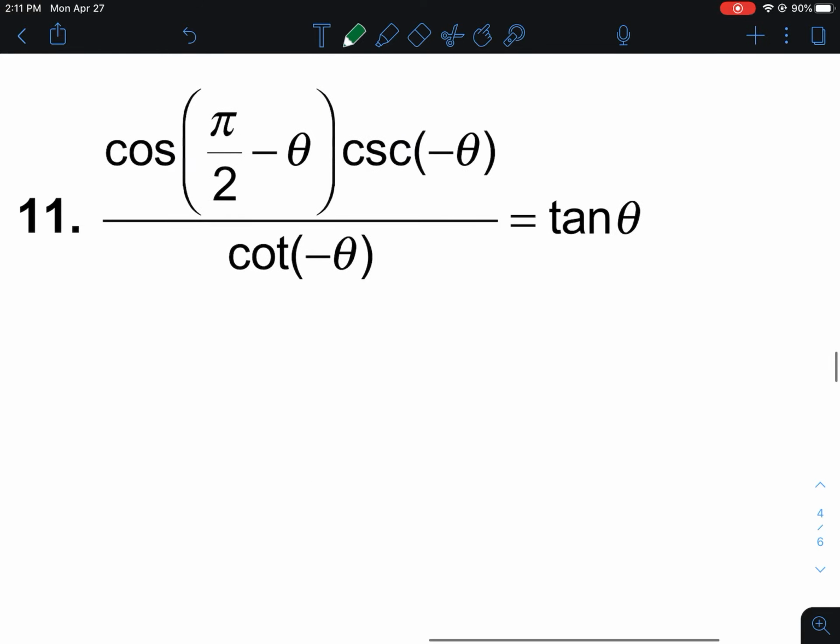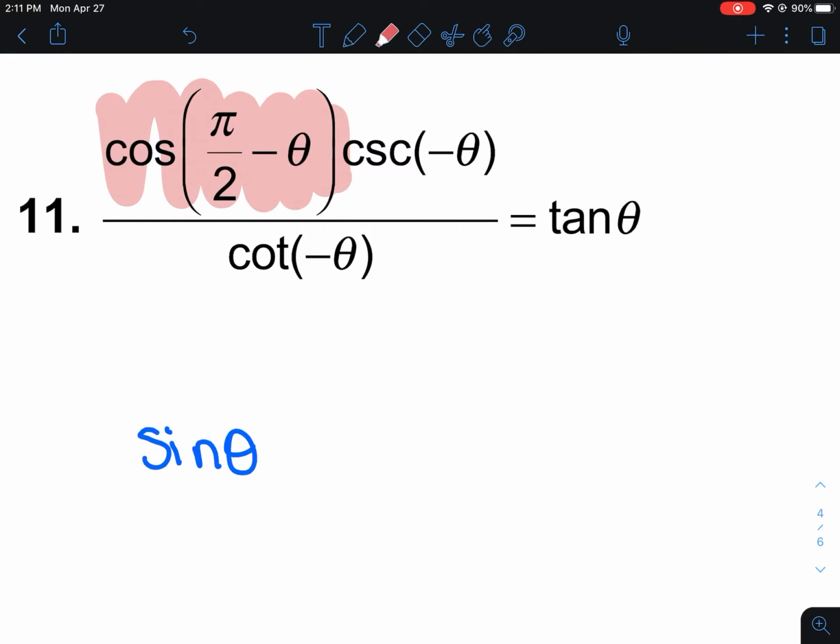Okay. Number 11, we have lots of identities here. I see this one jumps out at me right away, that cosine of pi over 2 minus theta. If I look on my identity sheet, and we talked about that on page 1, that is just sine of theta.